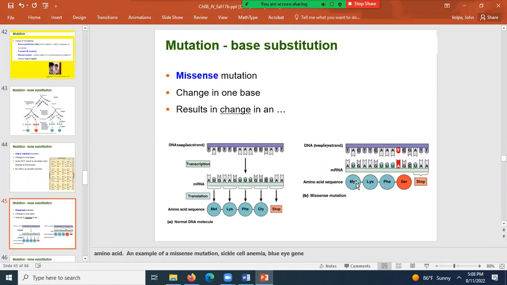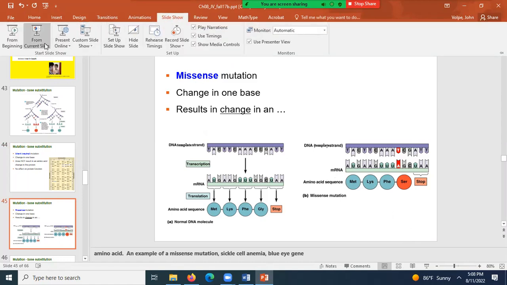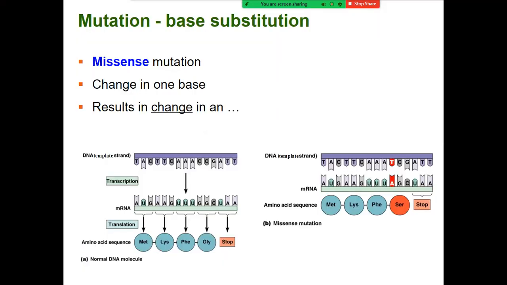A missense mutation is where you change one base and it results in a change in the amino acid. This was actually the mutation that happened when changing the human's brown-eyed allele to the blue-eyed allele. That was a missense mutation.